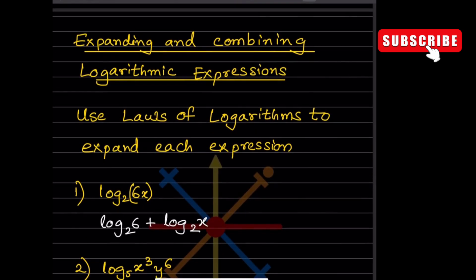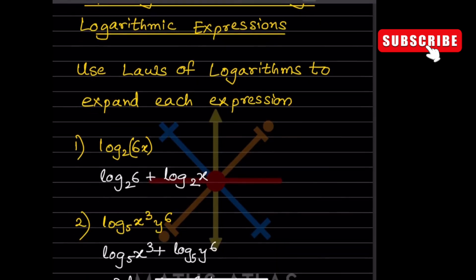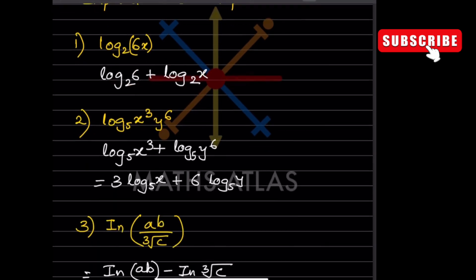Now we'll see expanding and combining logarithmic expressions using laws of logarithms to expand each expression. So now we can write this one. This is multiplication, so we can separate it. Whenever there is multiplication, it gets added: log of 6 to the base 2 plus log of x to the base 2. So this is the answer.